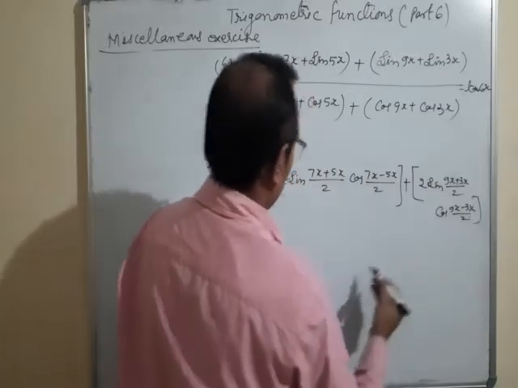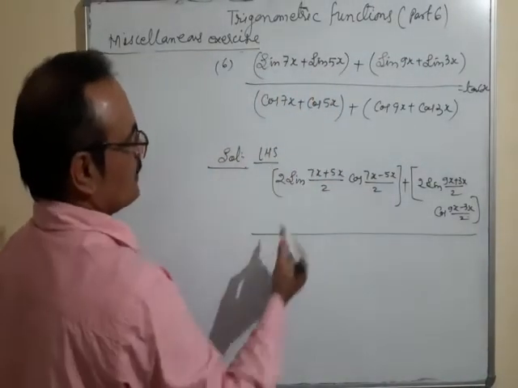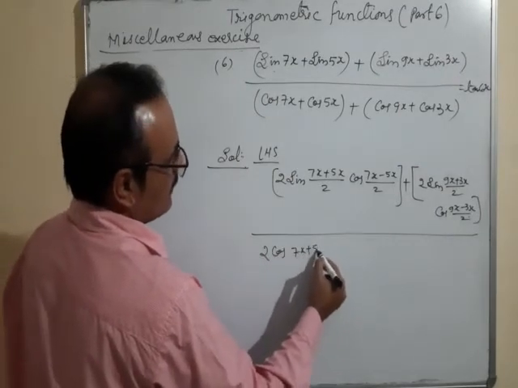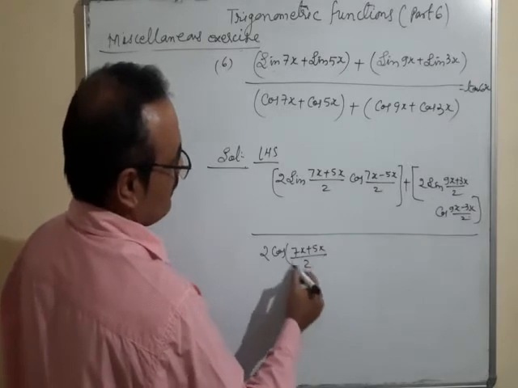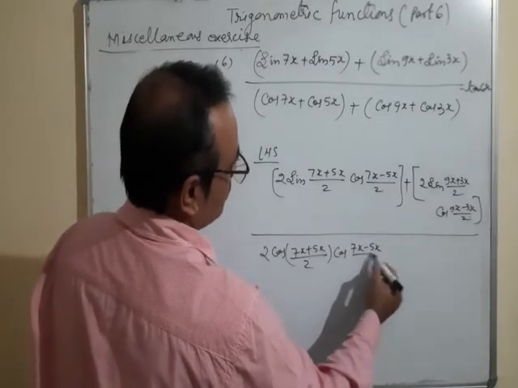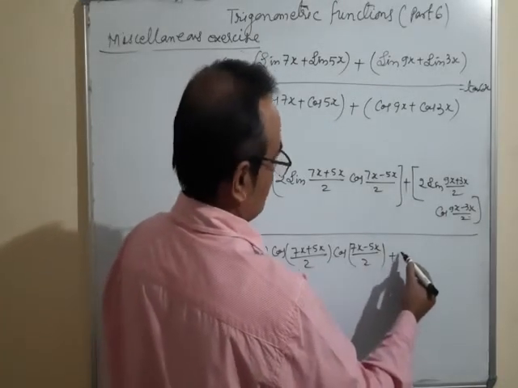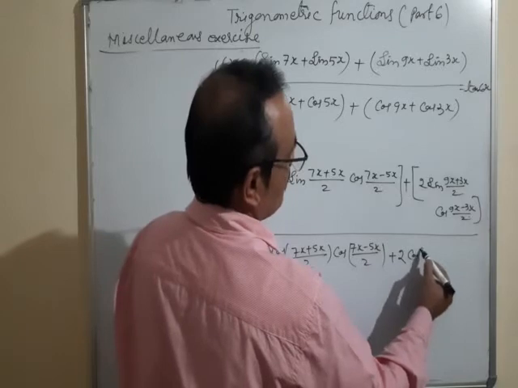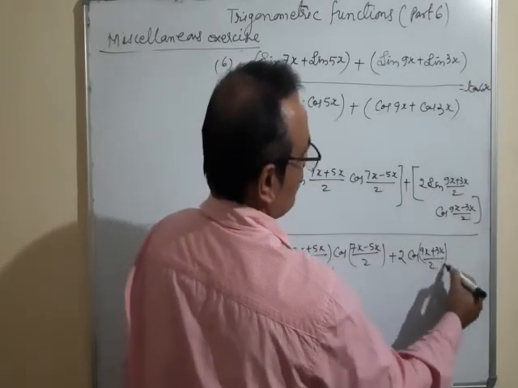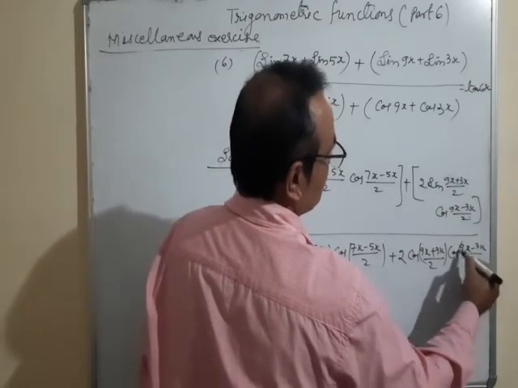Upon cos C plus cos D: 2 cos (7x plus 5x) by 2 into cos (7x minus 5x) by 2, plus 2 cos (9x plus 3x) by 2 into cos (9x minus 3x) by 2.